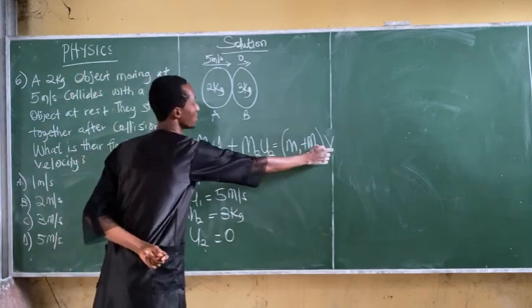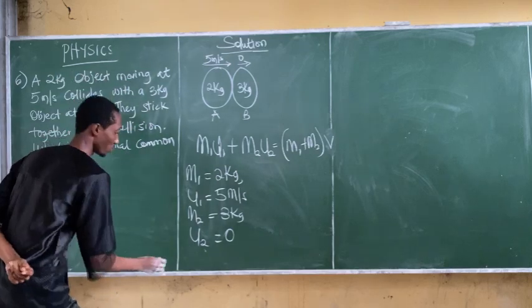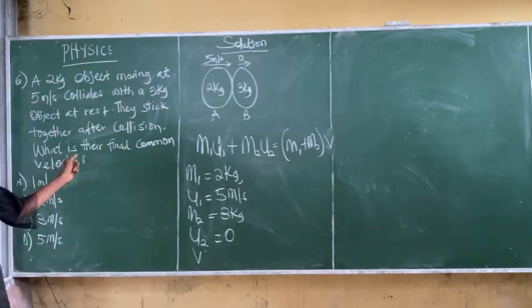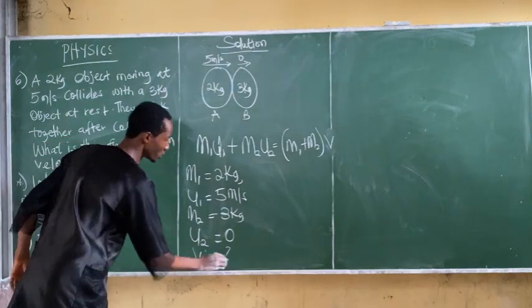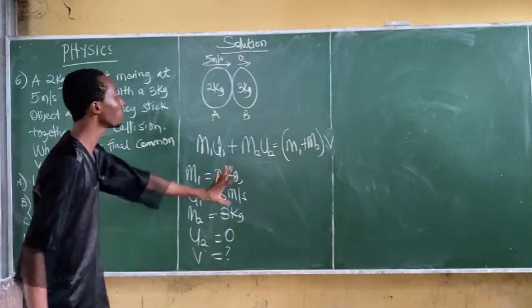We have v here, which is the final common velocity. So it's unknown. They say we should find v. And we substitute these values into this formula.